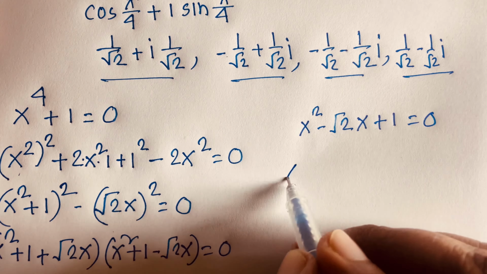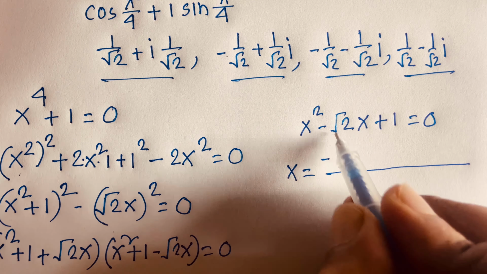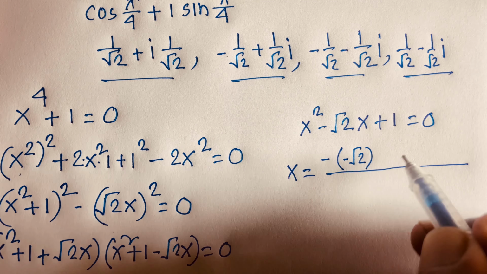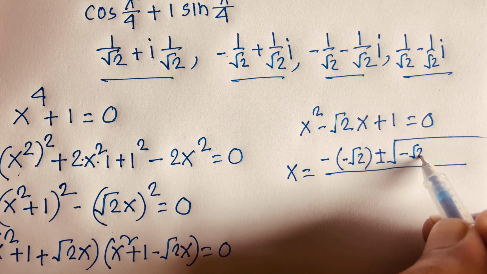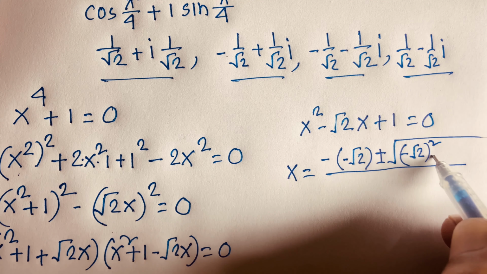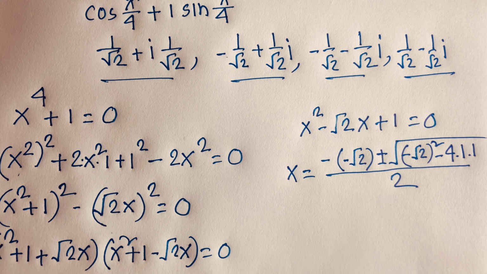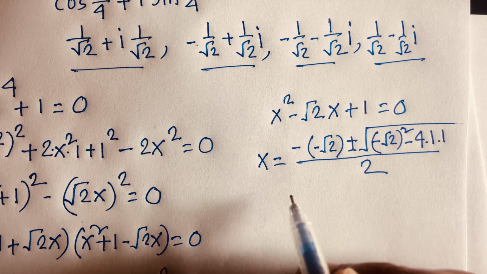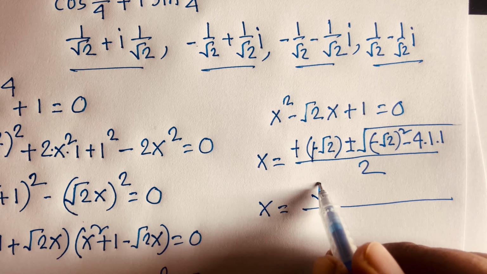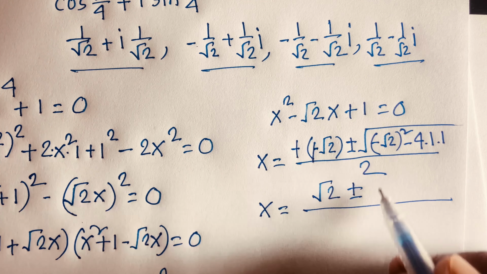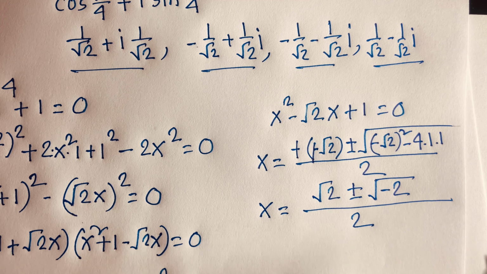Then I can say x = −b, and here b is −√2, ± √((−√2)² − 4 times a is 1, c is 1) over 2. Then I can see easily x = minus minus plus, so √2 ± √(−2) over 2.